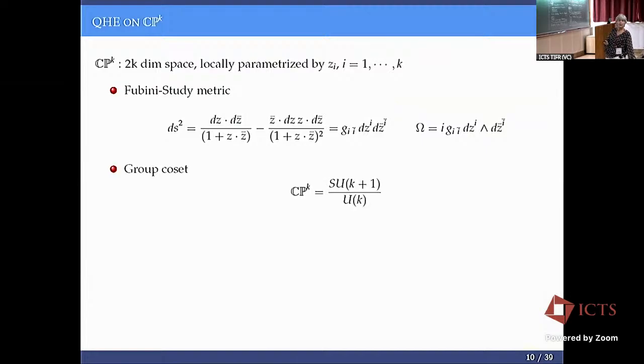Now, a very important property of these is that they are group cosets. So CP^K can be thought of as SU(K+1) mod U(K). It is this property that allows us to construct the full spectrum of quantum Hall effect easily and systematically, and all the Landau levels.